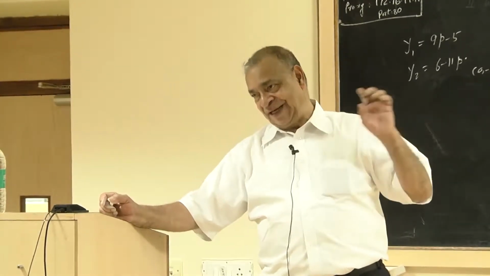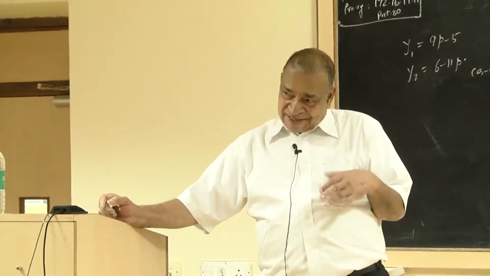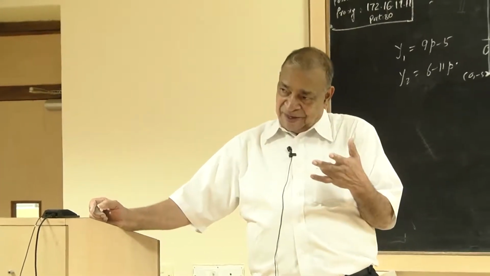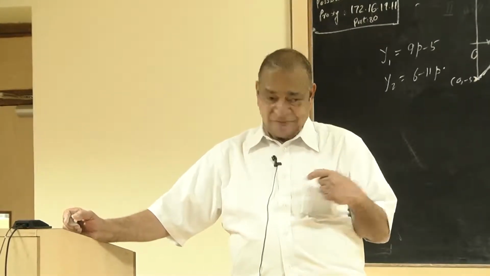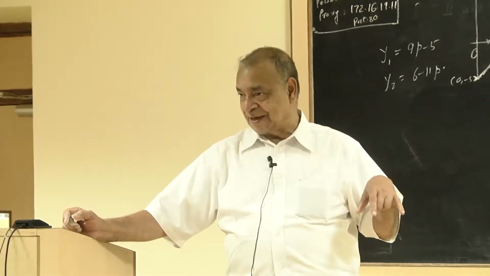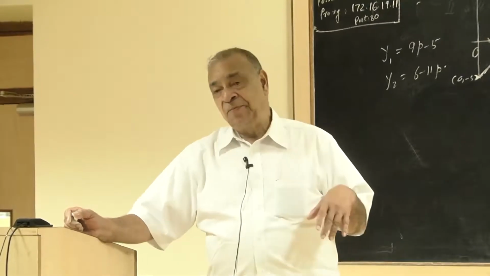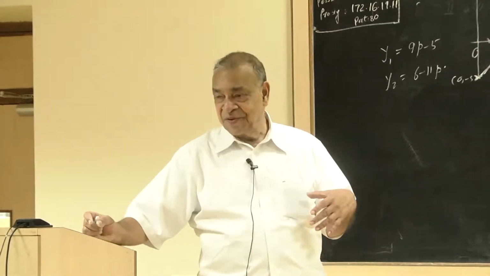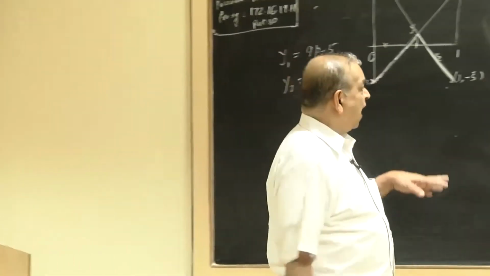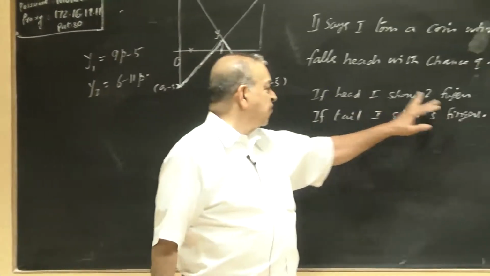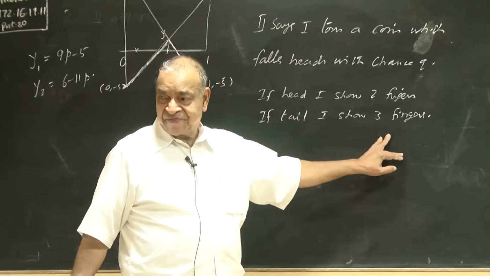Now, because this game favors player 2, can player 2 get more than 1 over 20? No, because of this strategy of player 1. Now let us see what player 2 does. Player 2 says, if head I show 2 fingers, if tail I show 3 fingers.